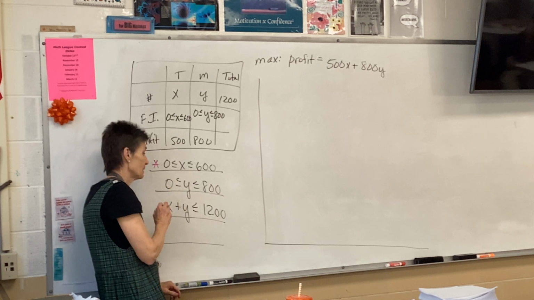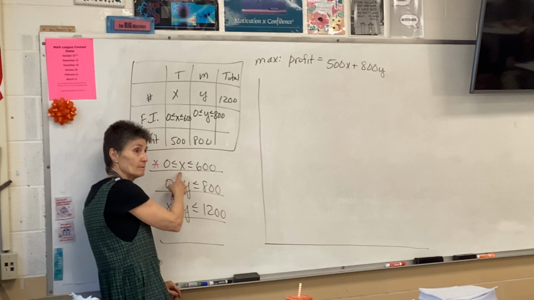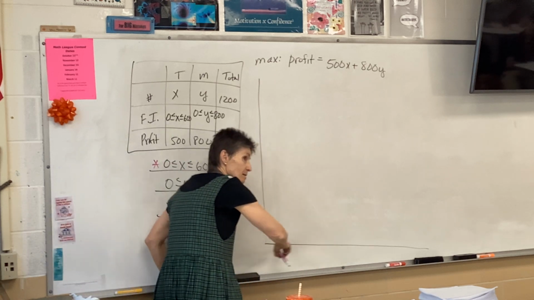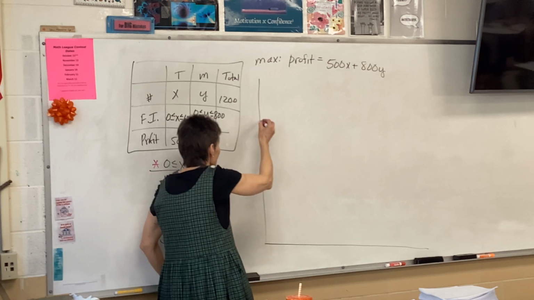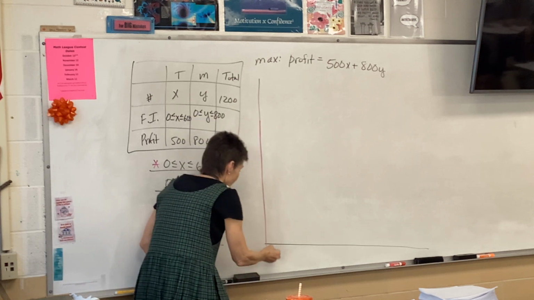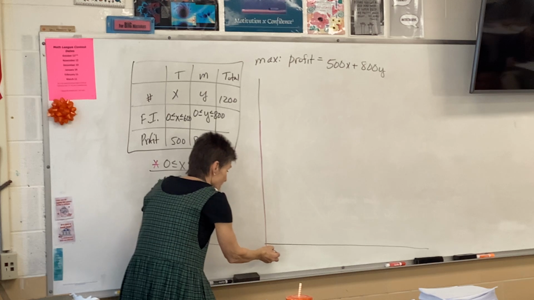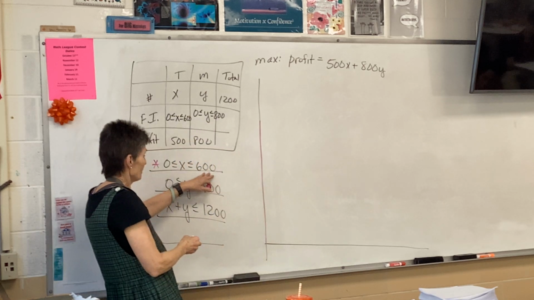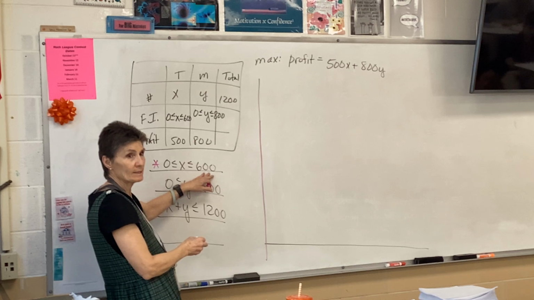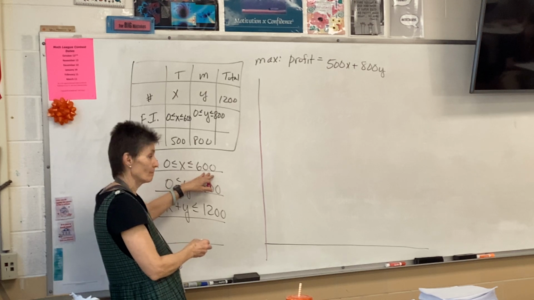Graph that. That's an X, right? This is my X-axis. I want you to draw a line down through where X is 0. This is where X is 0. Maybe I should use 100 this time as my scale.